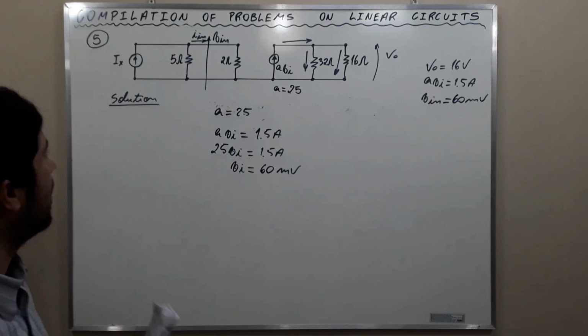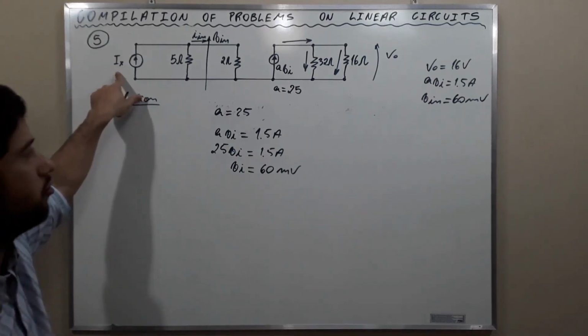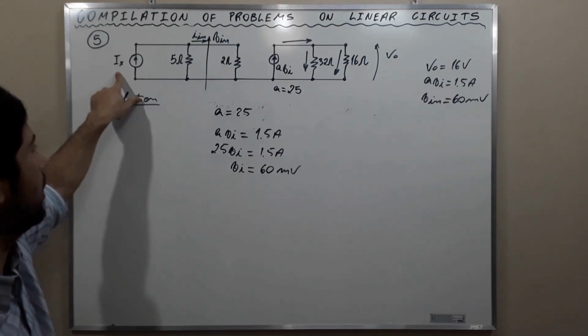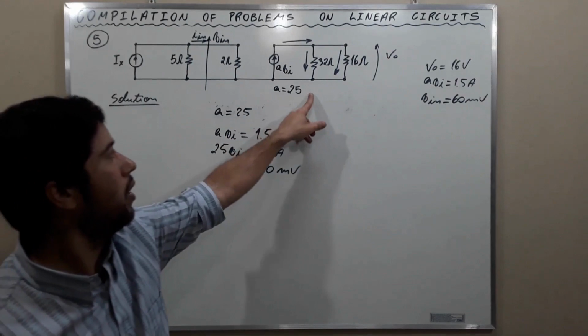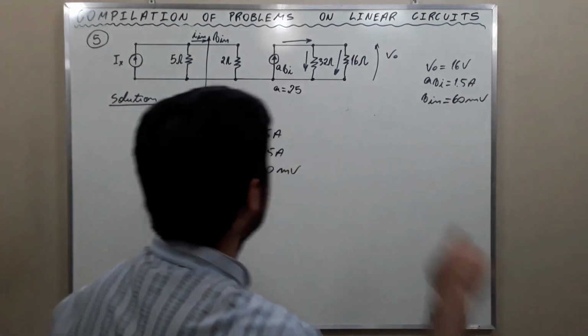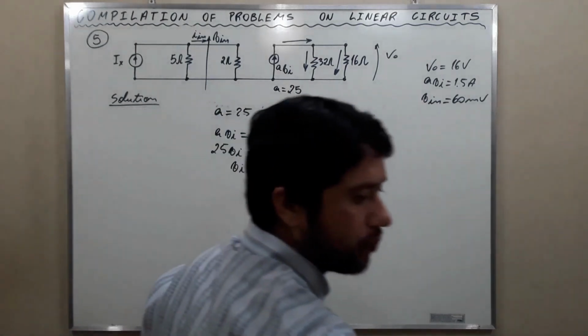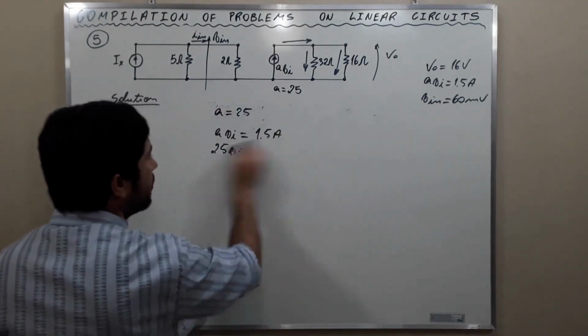We are going to calculate the current of the current source, Ix. In the same way we calculated these currents, we simply do the following. Let me erase it here.